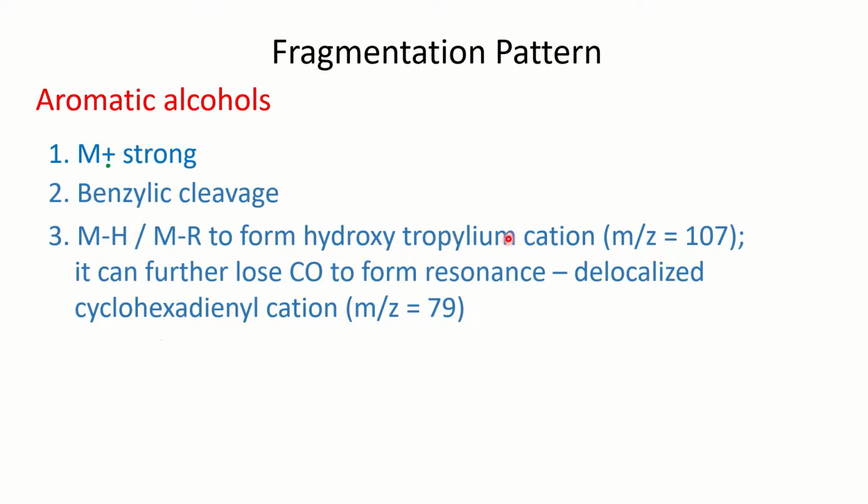So you can safely draw that structure of hydroxytropylium cation, so that you can conclude towards the structure of the unknown molecule. And further from this 107, the loss of CO occurs, and that forms the resonance delocalized cyclohexadienyl cation peak at 79.